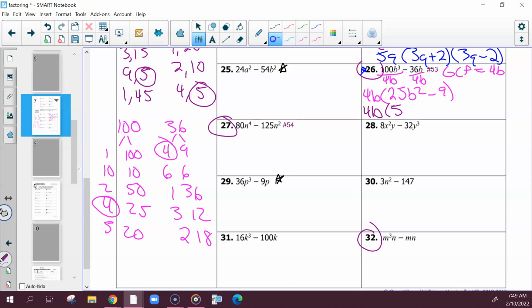5b minus 3. And 5b plus 3. Right. Two more.